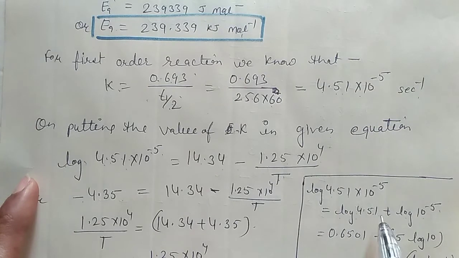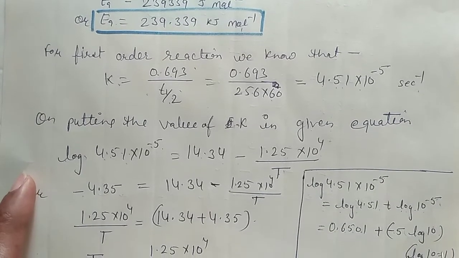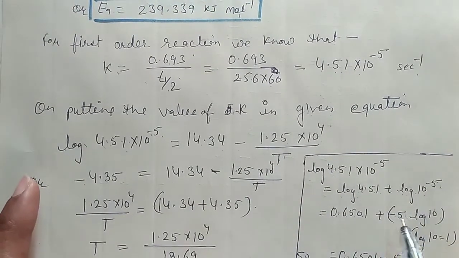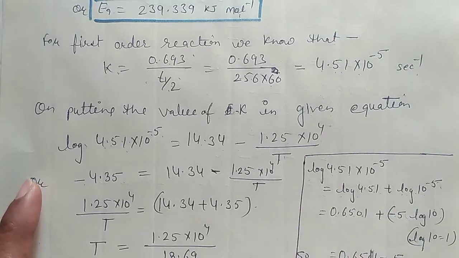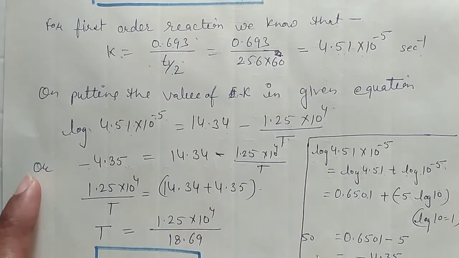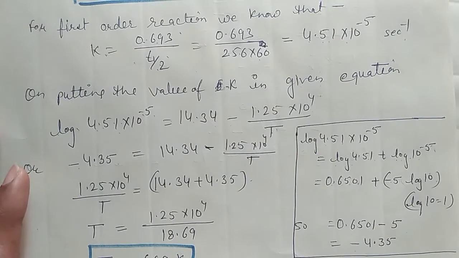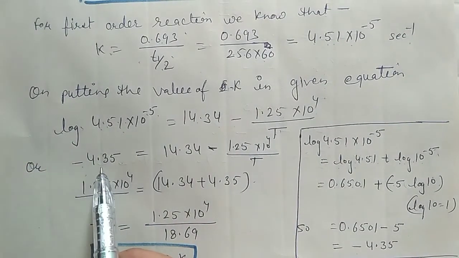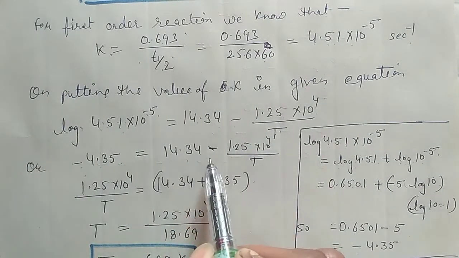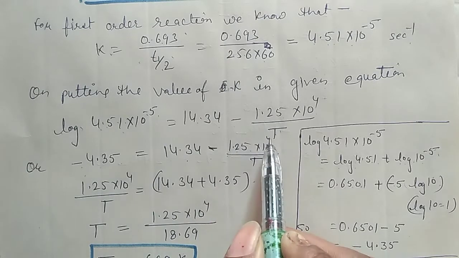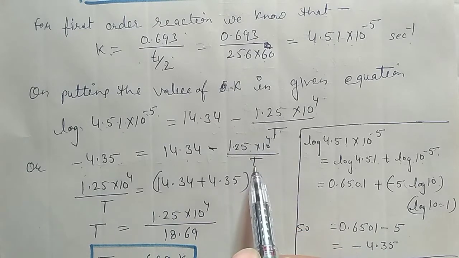Log 4.51 is 0.6501 and log 10 to the power minus 5 means minus 5 log 10. Log 10 means 1, multiplied by minus 5, we have minus 5. So minus 5 and 0.6501; when we subtract, the value is minus 4.35. So minus 4.35 is equal to 14.34 minus 1.25 into 10 to the power 4 upon T.